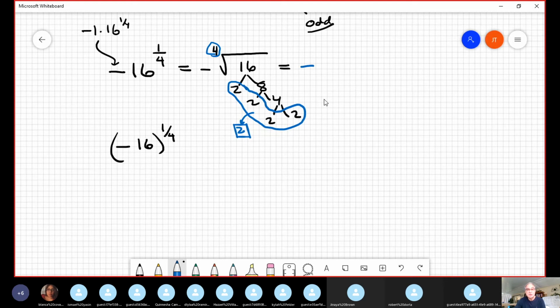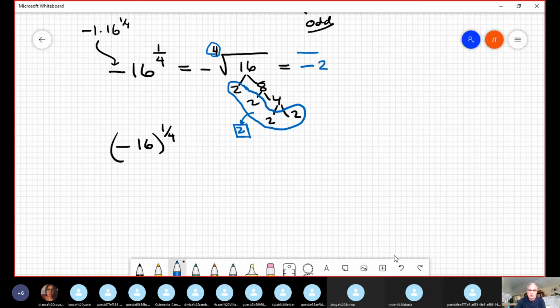Therefore, the answer is minus 2, because inside the radical we have nothing. If we have nothing, you omit the radical, and the answer is just negative 2.